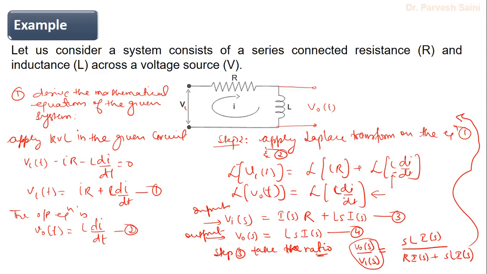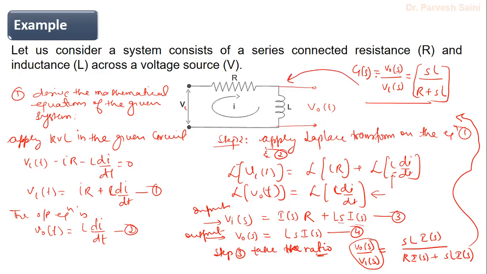And while taking the Laplace transform, we have already assumed the initial conditions 0 here, right? So GS is equal to V naught S divided by VIS is equal to SL upon R plus SL, right? So this is the transfer function of the given circuit, this circuit, right?